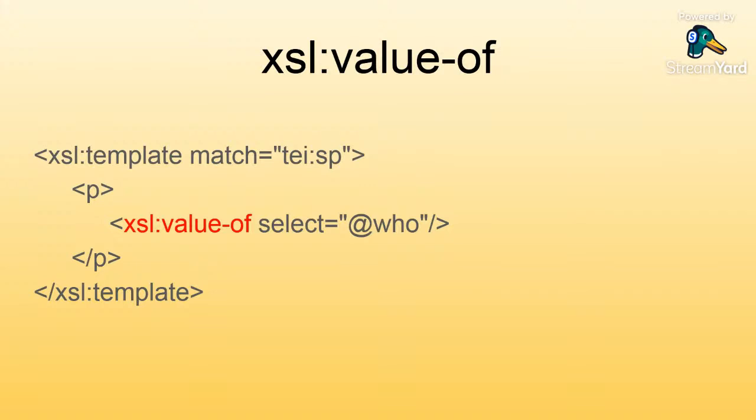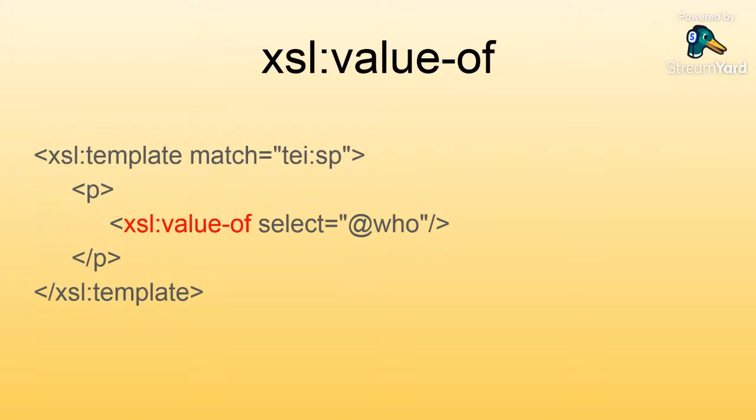It would just convert the entire element into plain text, lose any XML tags that are in there, and just print the plain text. So that's the difference between apply templates and value of. Value of is much less powerful, but sometimes it's very neat and it's exactly what you want.